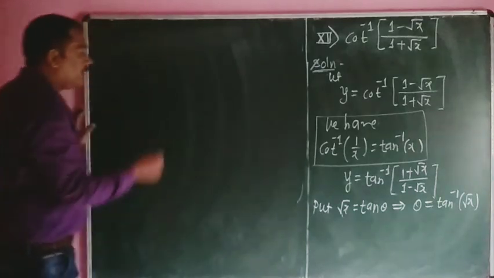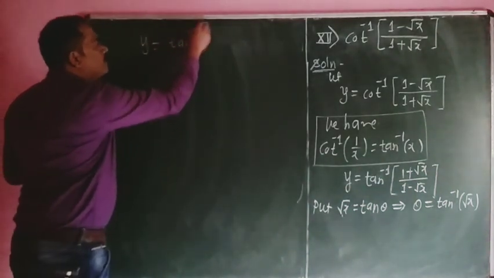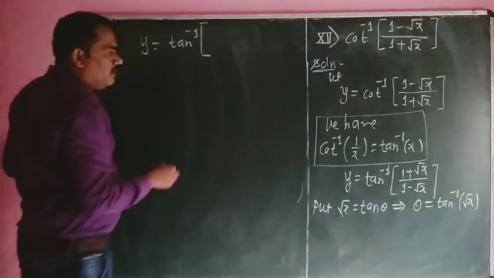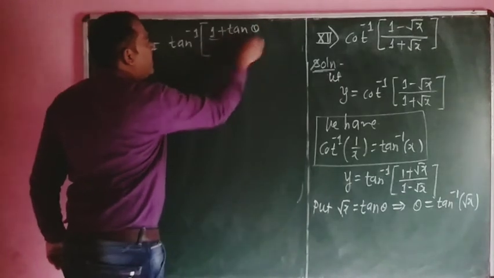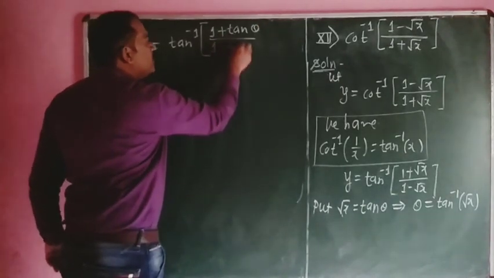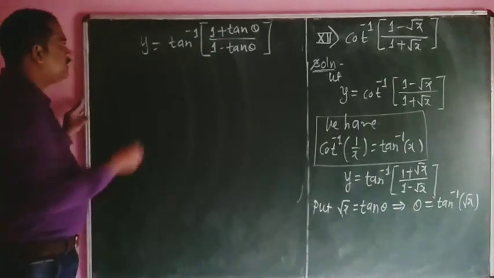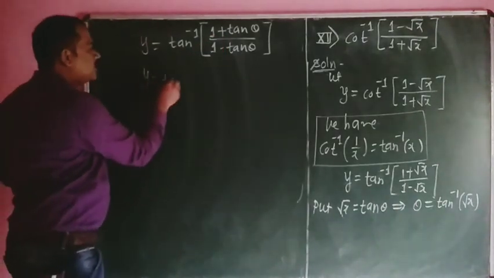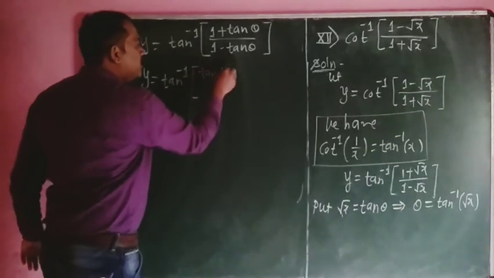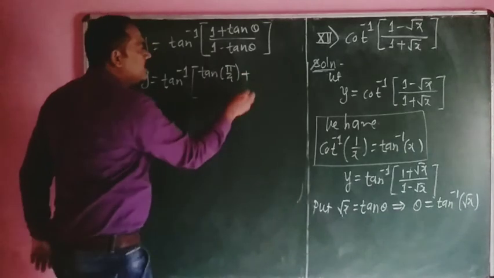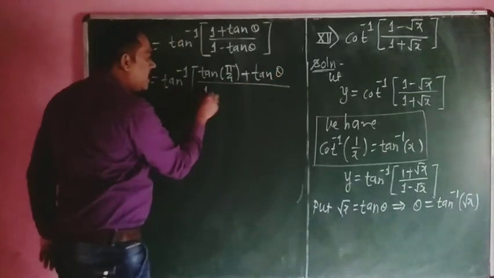So we get y is equal to tan inverse of 1 plus tan of theta divided by 1 minus tan of theta. Now we have to know that the value of tan pi by 4 is nothing but 1. So y is equal to tan inverse of 1 plus tan of theta divided by 1 minus.